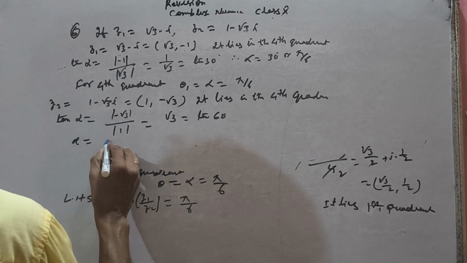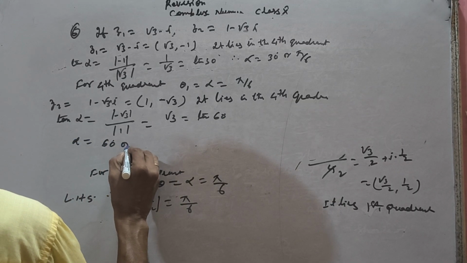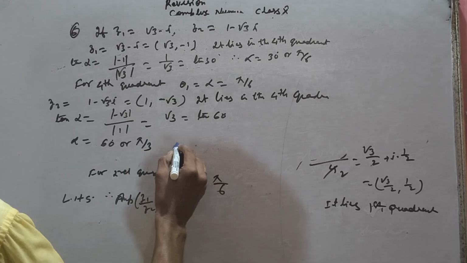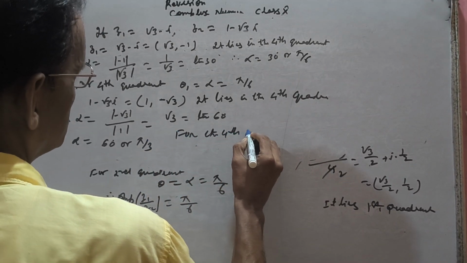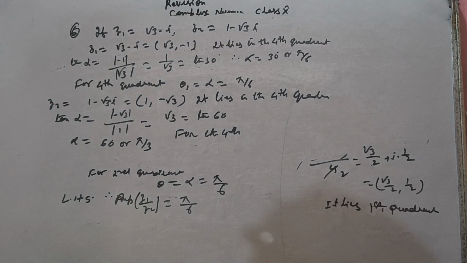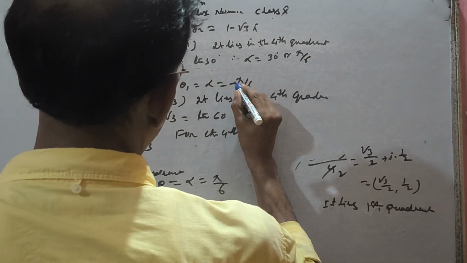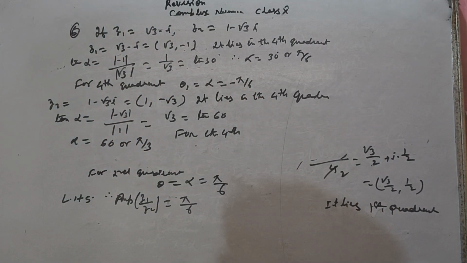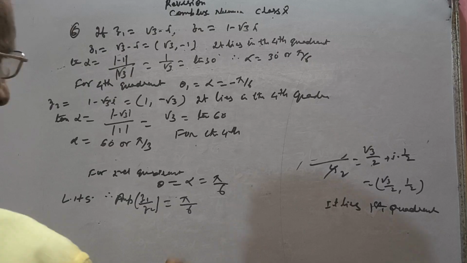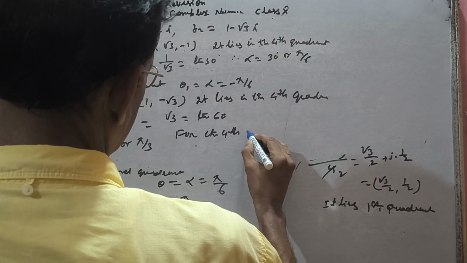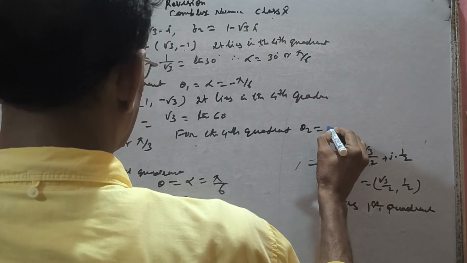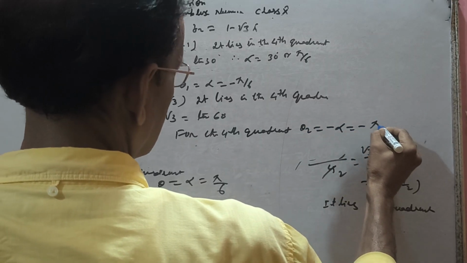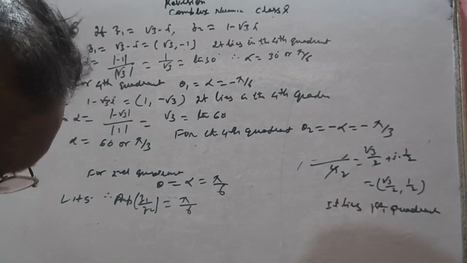So alpha, how much will you get? 60 degree, which is also called pi by 3. For the fourth quadrant, theta 2 equal to minus alpha, minus pi by 3 you have got. Okay.